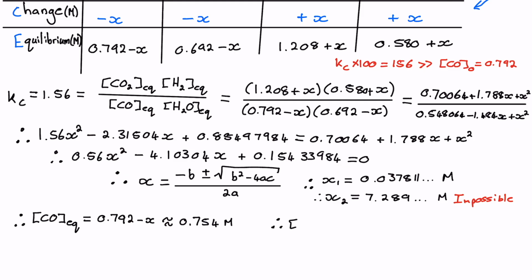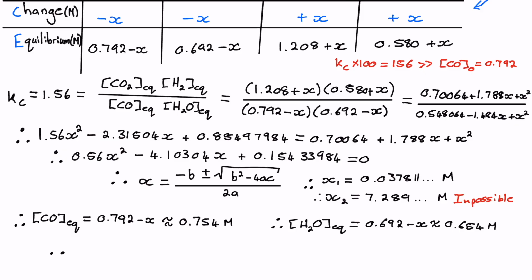The equilibrium concentration of H2O is equal to 0.692 minus x. So that rounds to 0.654 molar.